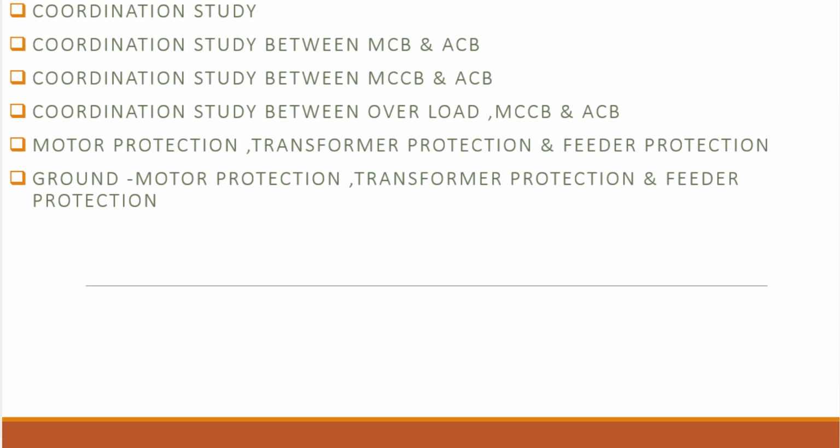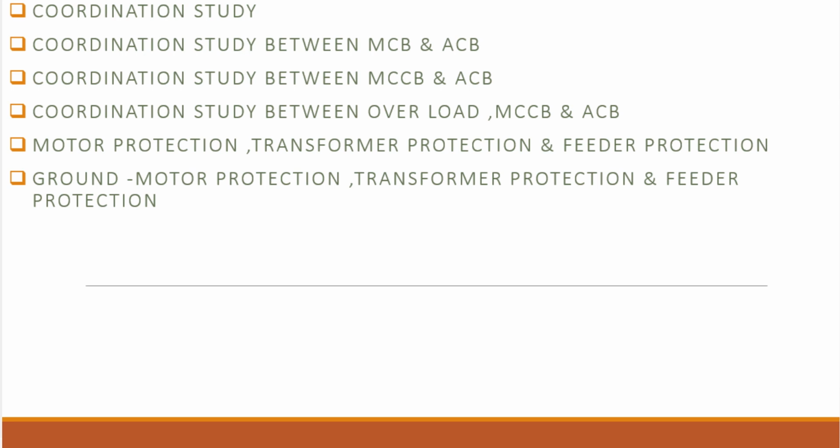After that, I will explain how you can successfully do a coordination study between three protection relays, motor relay, feeder relay on the secondary side of the transformer, and relay on the primary side of the transformer for phase protection.